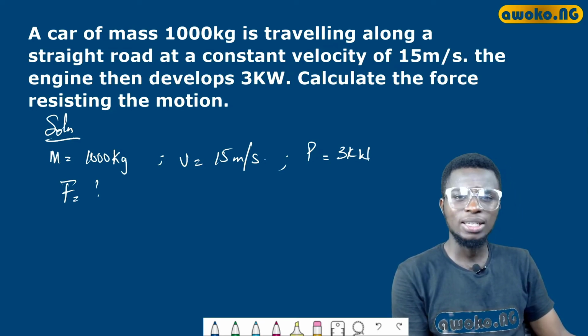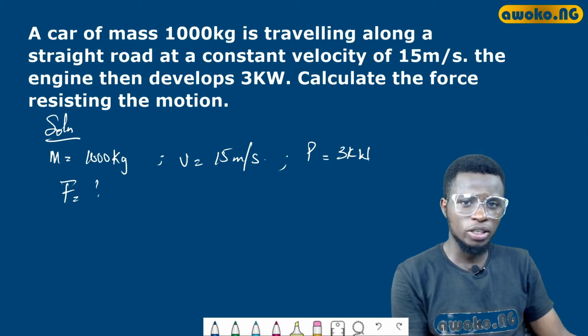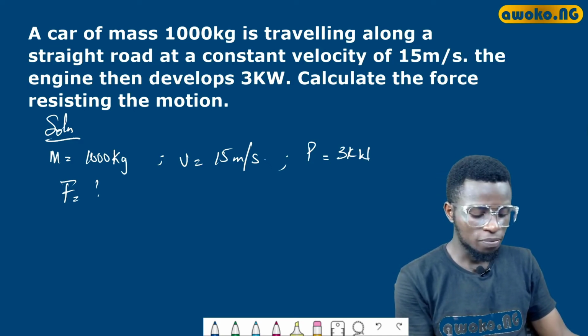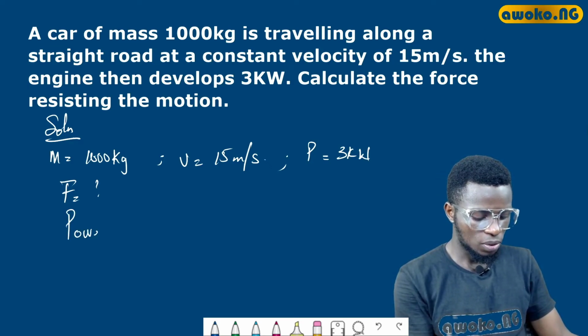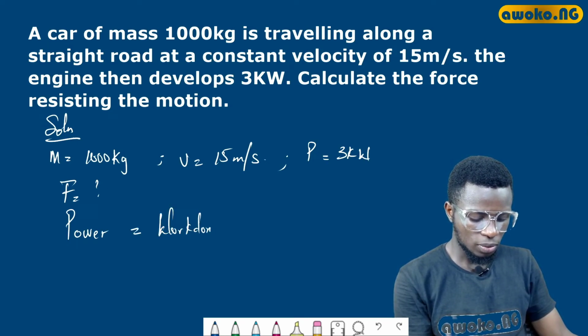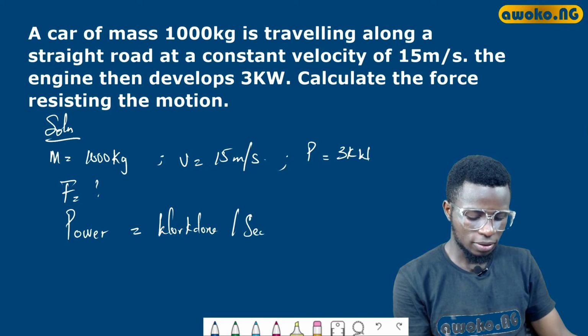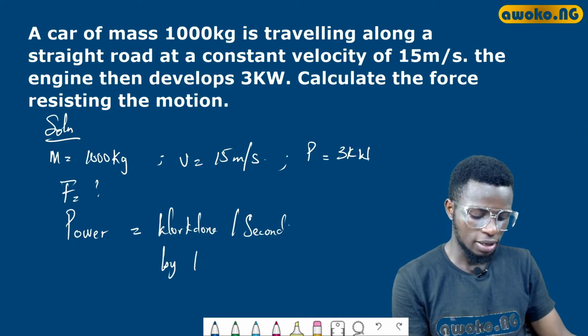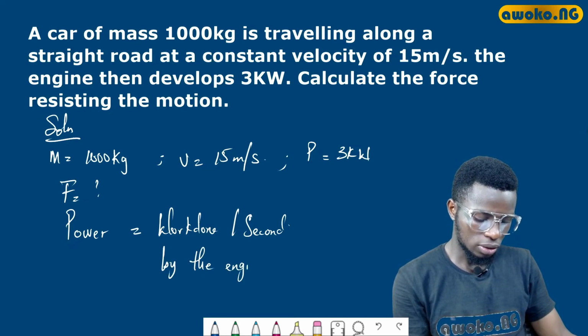Now, what is the relationship between all these parameters? We would know that power is equal to the work done per second by the engine.